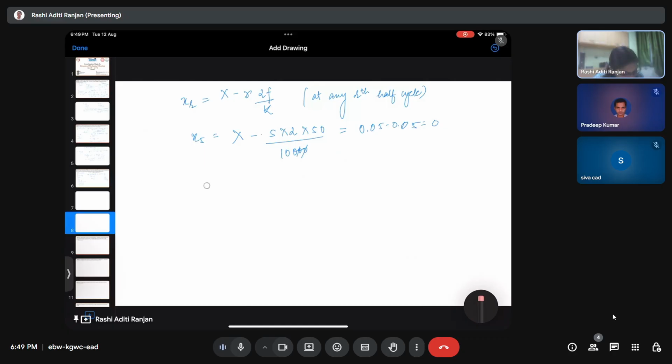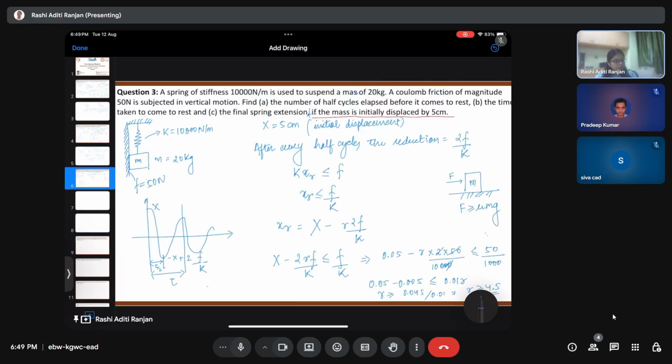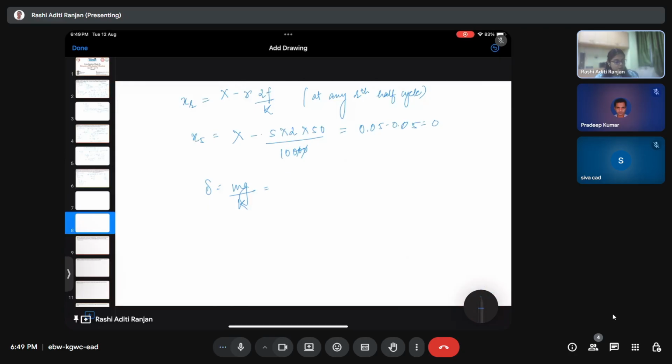So by that we get delta as nothing but mg by k, and this turns out to be, we have m as 20 kgs, 20 into 9.81 divided by this, and this will give us a value of 0.01962 meters.